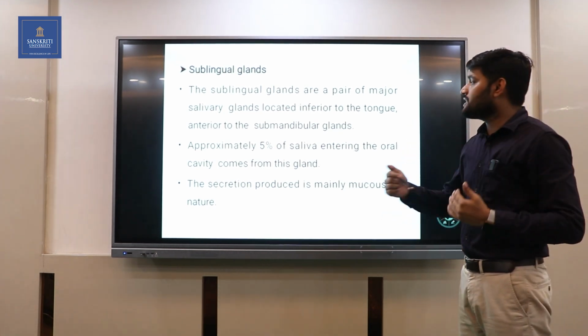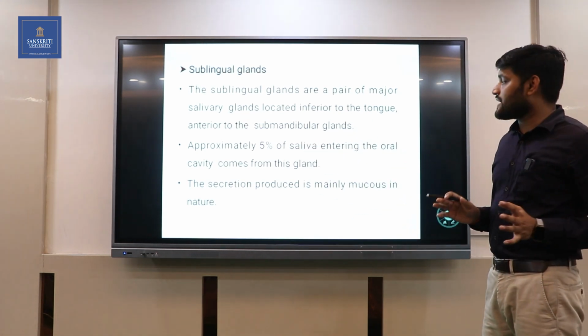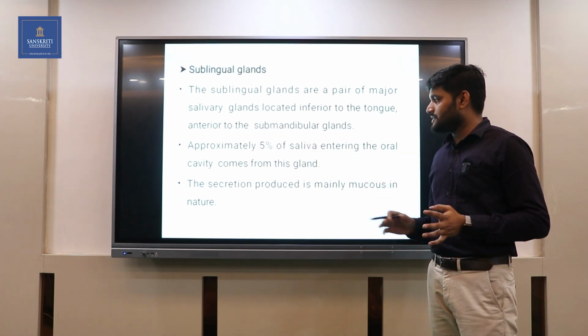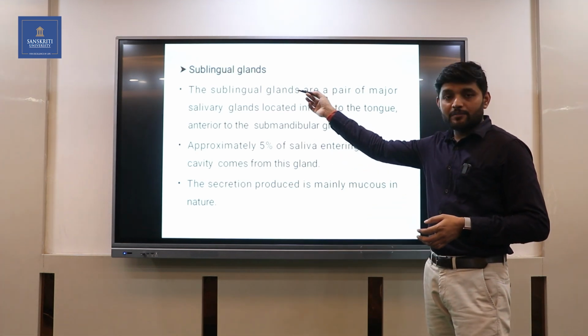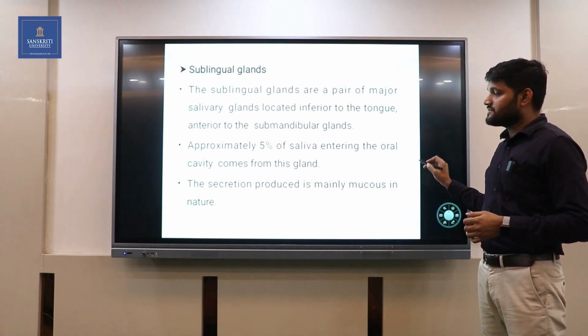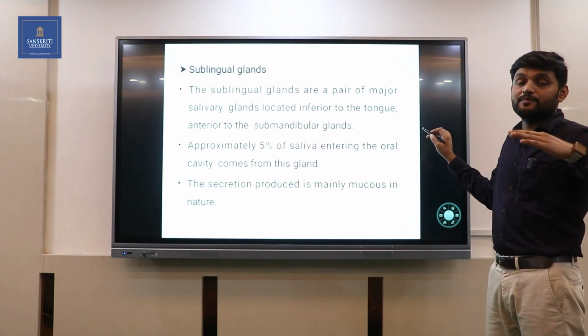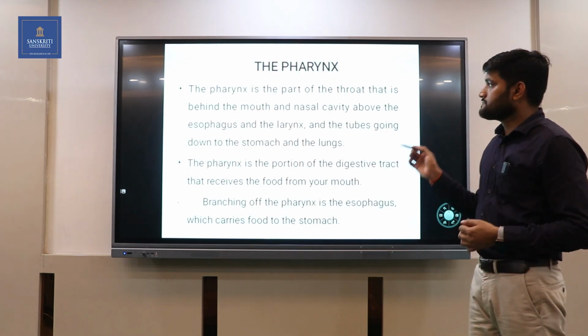Approximately 5% of saliva entering the oral cavity comes from this gland. Which gland? Sublingual glands. The secretion produced is mainly mucus in nature, like saliva.